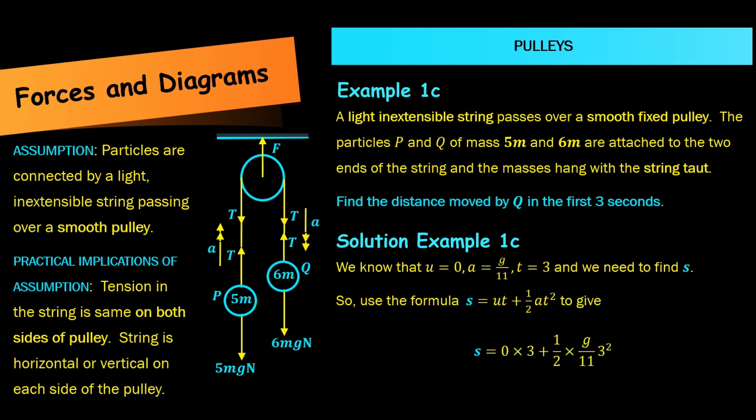So plugging in the values, of course we're looking for s, so s stays as it is. This is the distance. u equals 0, a equals g/11, and t equals 3. And then solving gives us s equals 9g/22.